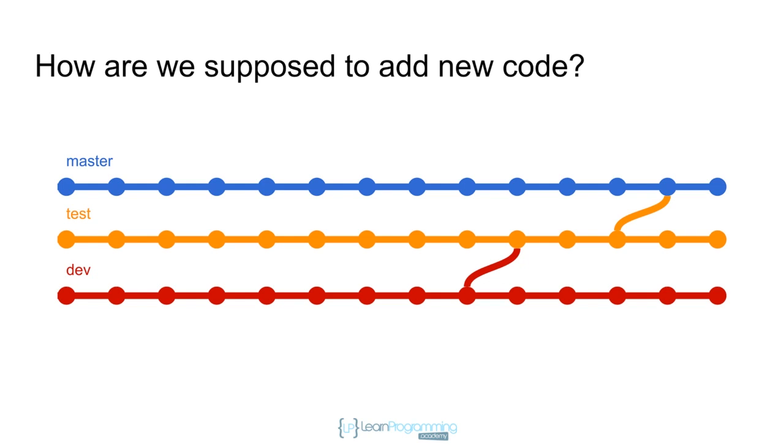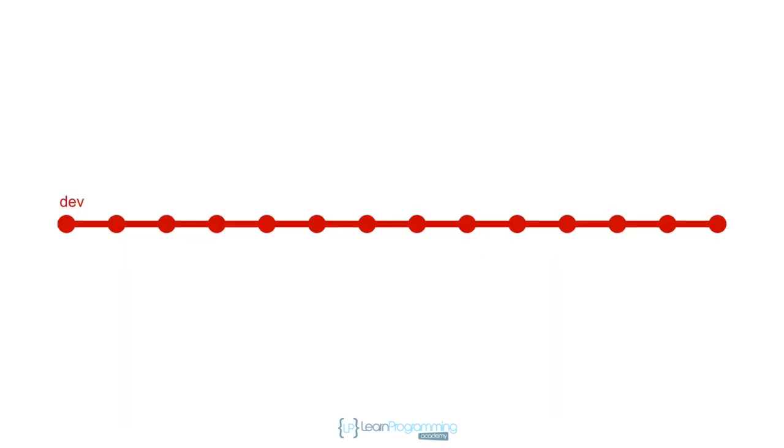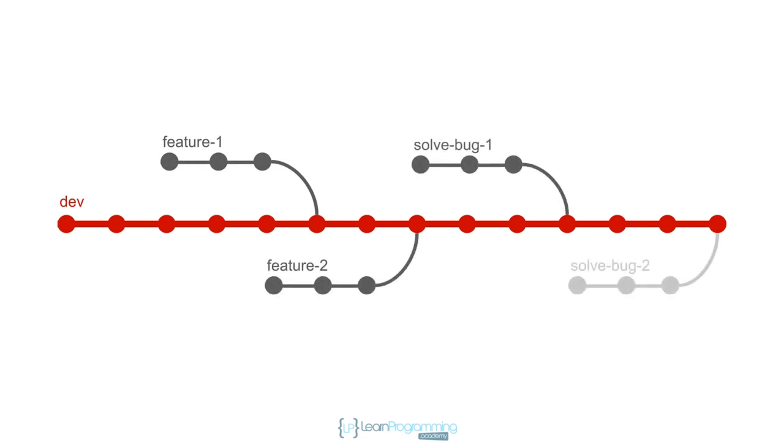This is the main structure of your branches, the ideal main structure of your branches. Now let's take a closer look at that dev branch, where most of the interesting things are going to happen, where you are going to be adding your features. It may not be the case that you add those features directly to the dev branch, but you may also create branches that eventually merge into the dev branch.